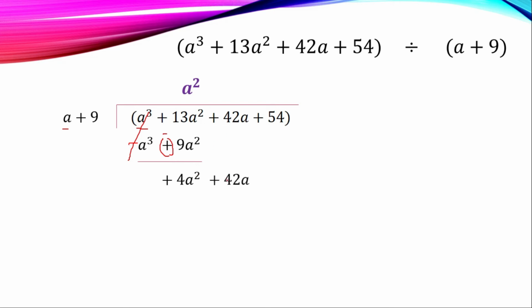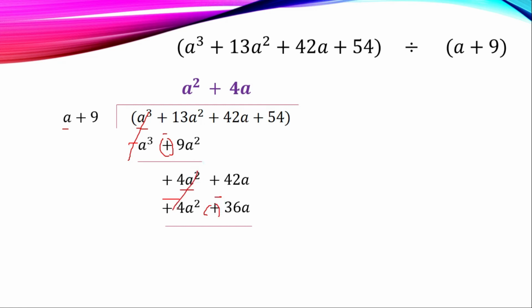Then bring down positive 42a and then divide. We have 4a. Then positive 4a squared plus 36a. Then again, proceed to the keep change rule. Change this to subtraction and also this one.